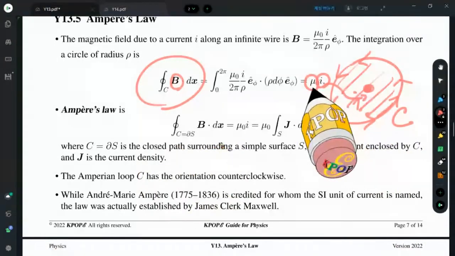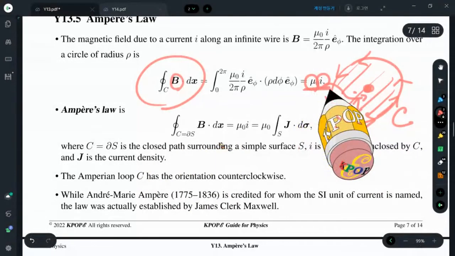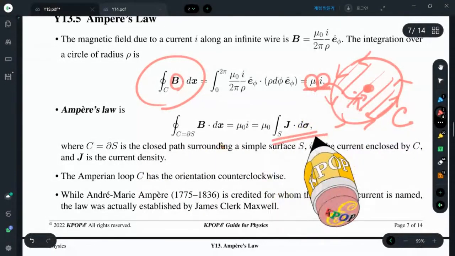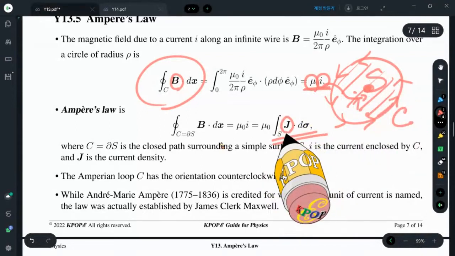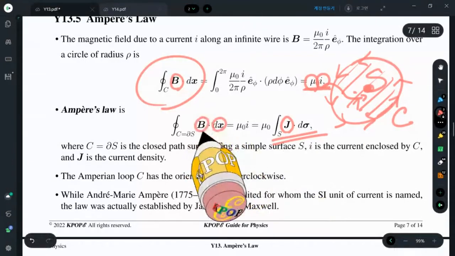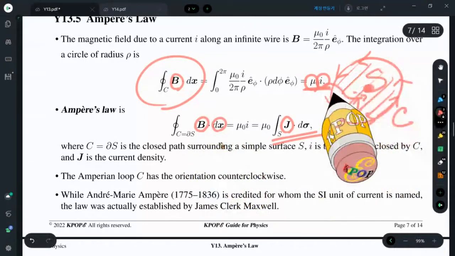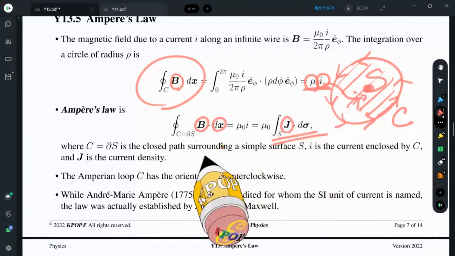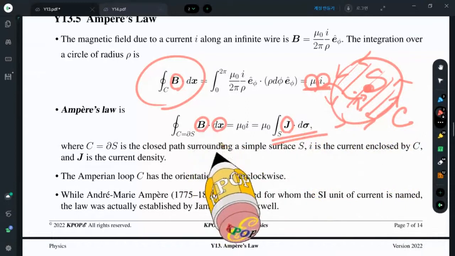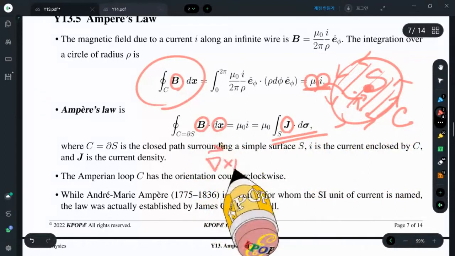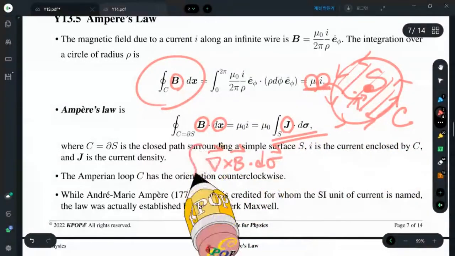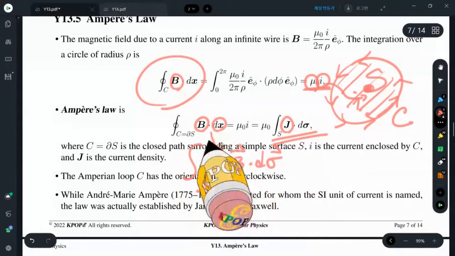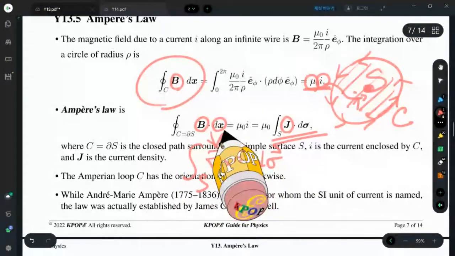We can replace this current with a surface integral over S of the current density. And then we can replace this closed path integral as a curl and scalar product with the surface element due to the Stokes theorem.